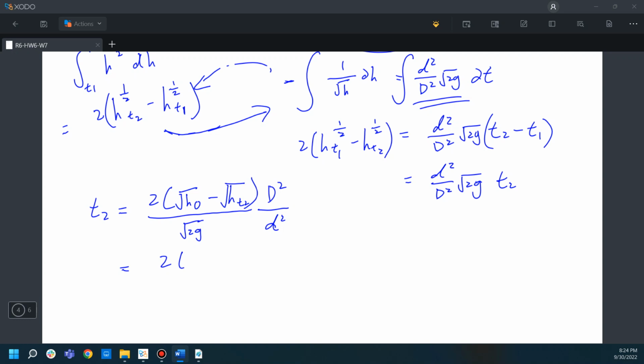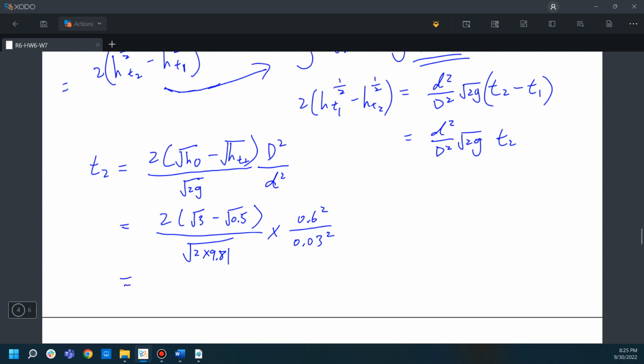So now we can plug in the numbers. h0 is 3 meters, so it's the square root of 3 minus the square root of 0.5, divided by the square root of 2 times 9.81, because g is equal to 9.81 meters per second squared, and times D, which is the diameter of the tank, 0.6, squared, divided by the diameter of the outlet pipe, which is 0.03, squared.